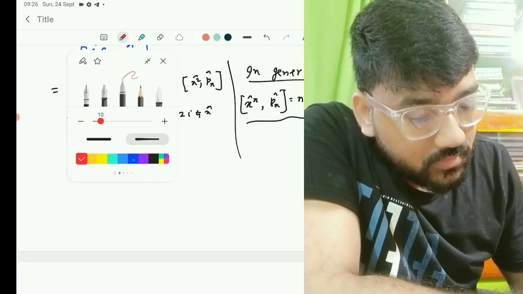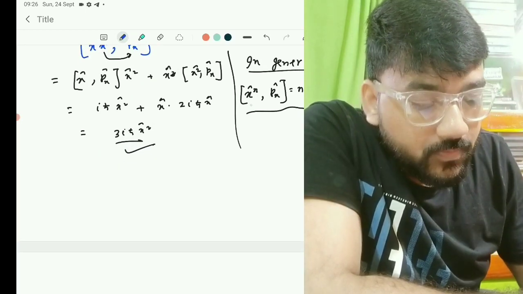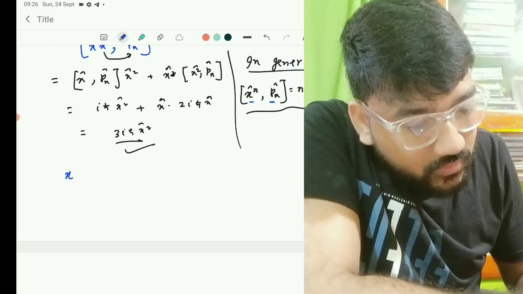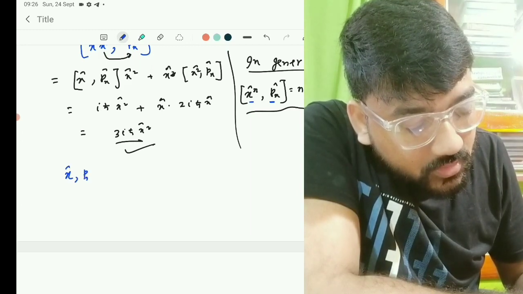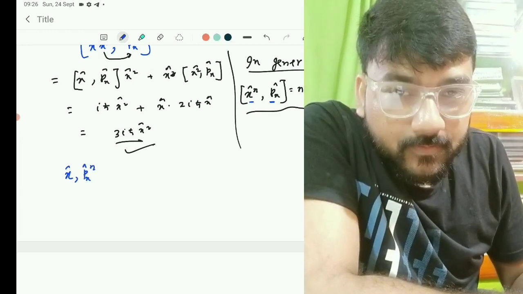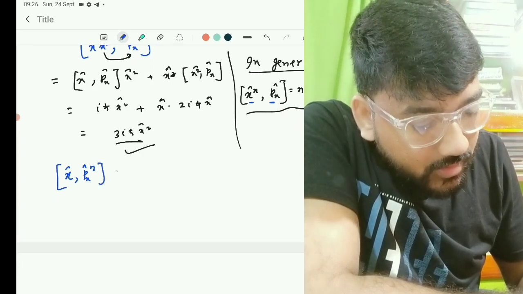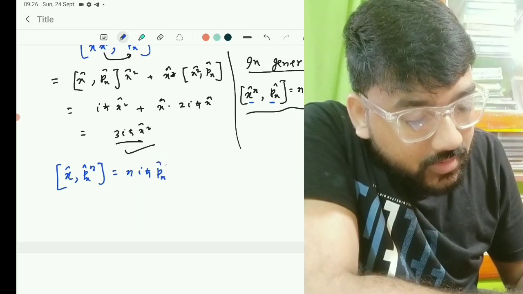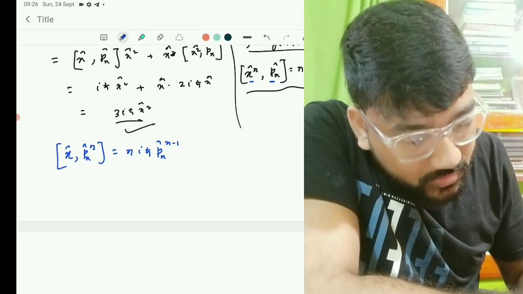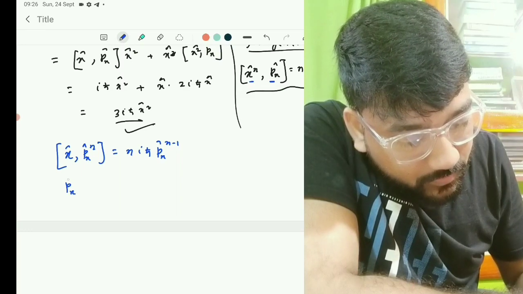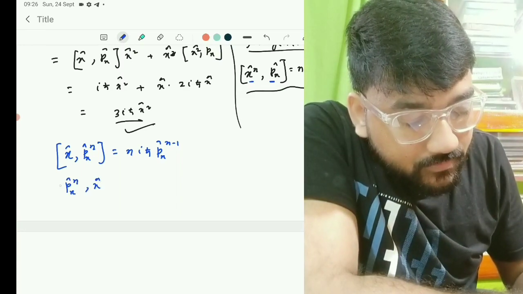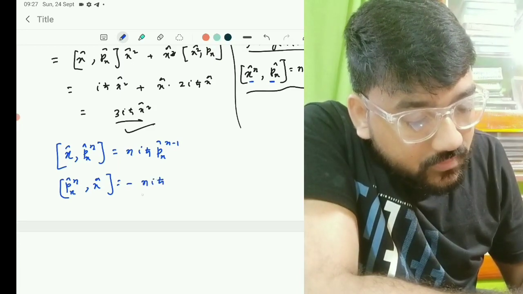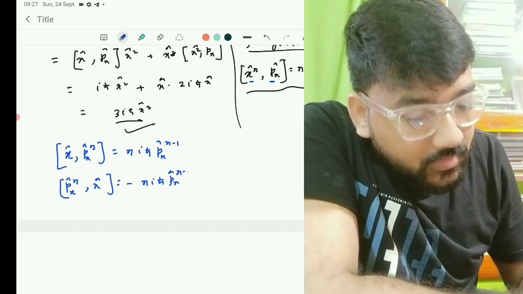Suppose instead of the power of x^n, you have p_x^n. So what will happen if you have x cap with px to the power n? In that case, you will end up with niℏ cross, this will be same, but now it will be px cap to the power n minus 1. But if it is in this way, first if you have px to the power n and then x cap, then you will get a negative sign, then it will be minus nih cross px cap n minus 1.